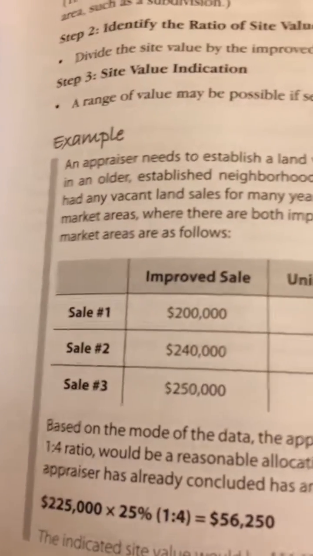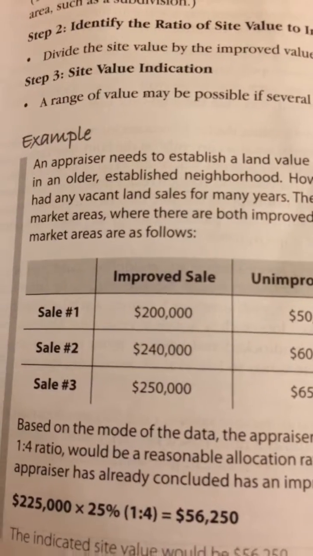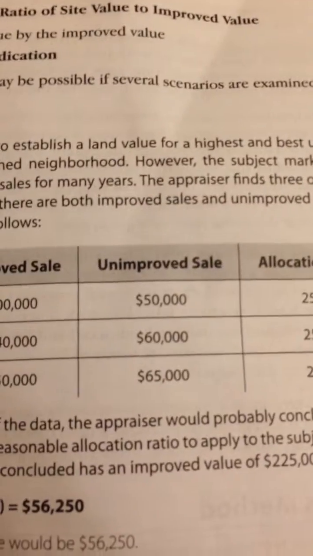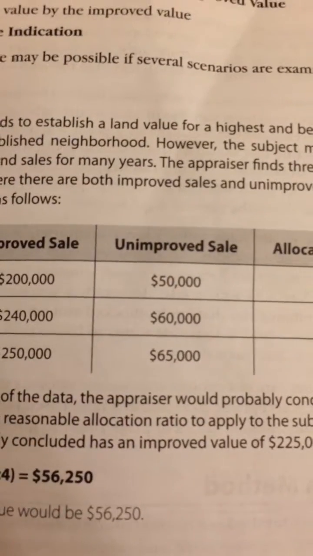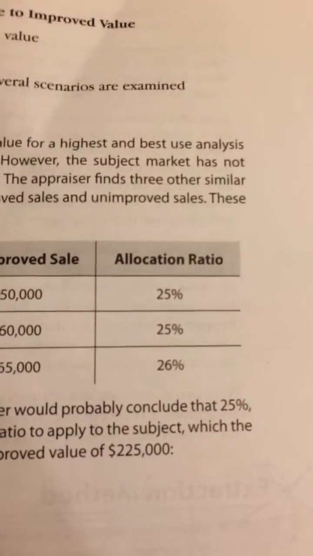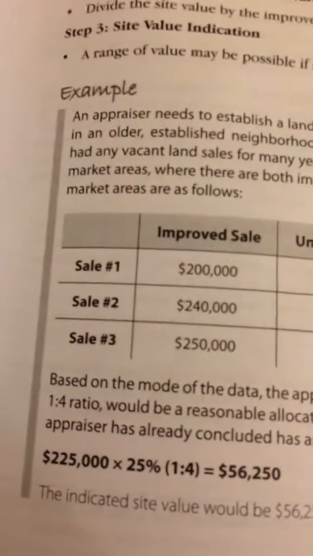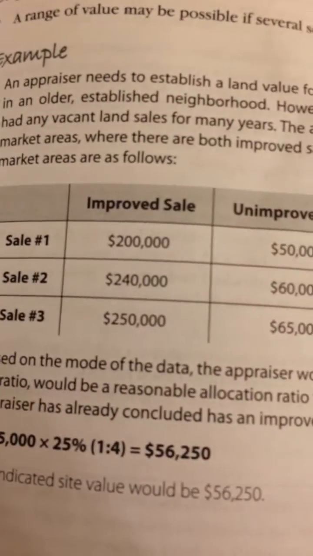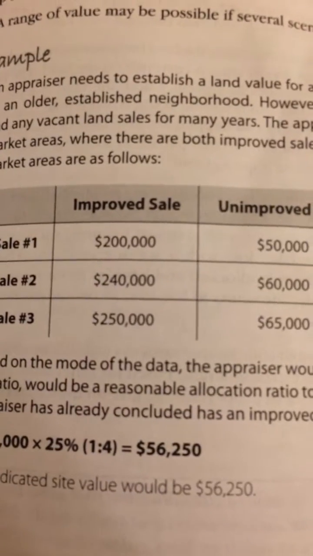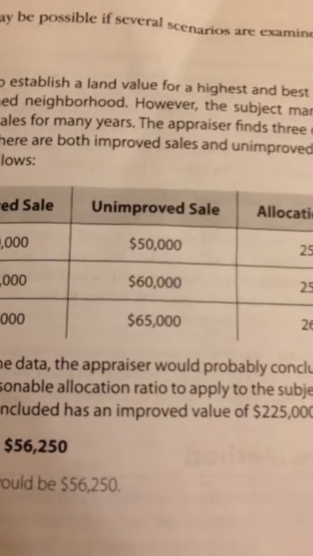Sale number 1. Improved sale value at $200,000, unimproved sale at $50,000. Allocation ratio 25%. Sale number 2. Improved sale at $240,000, unimproved sale at $60,000.